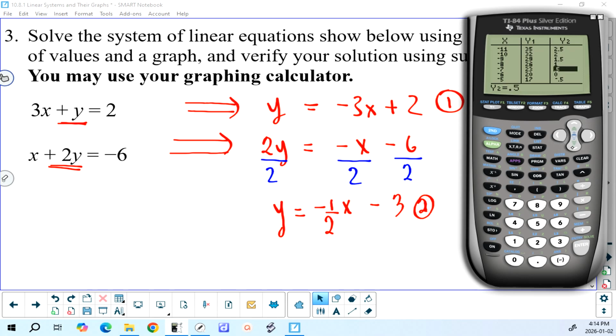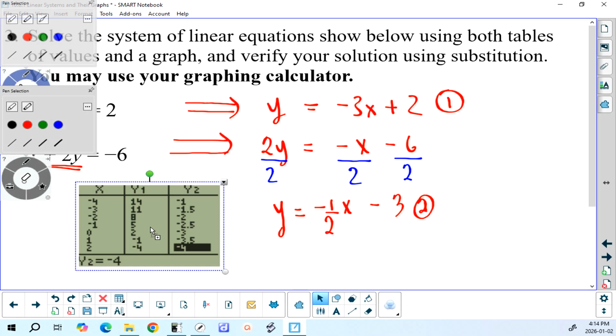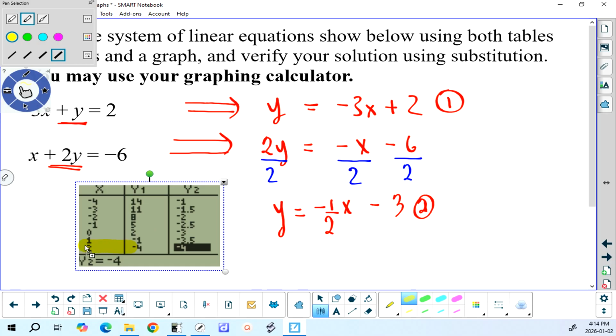I want them to be closer and closer together. There we go. There's the solution. When x is 2, y is negative 4 for both. So the solution is negative 2 comma negative 4.